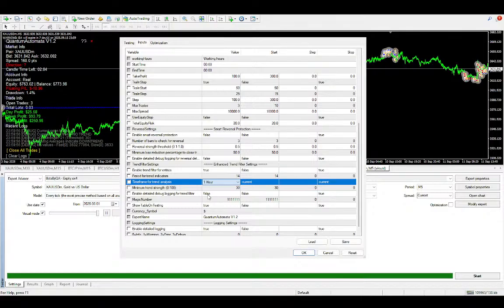Someone that is using 1 minute will get a lot of buy and sell signals, compared to someone that uses 5 minutes, compared to someone that uses 15, 30, 1 hour.